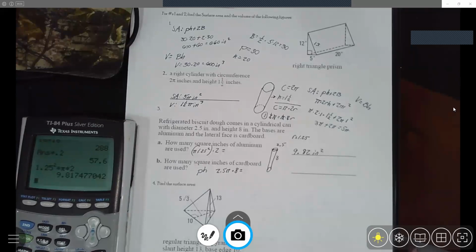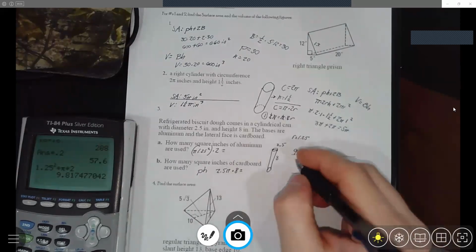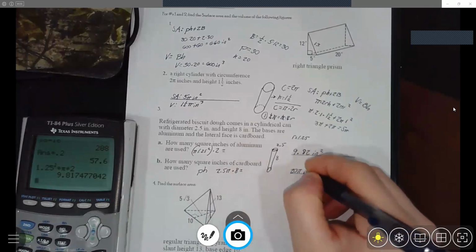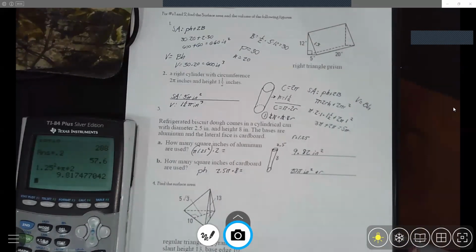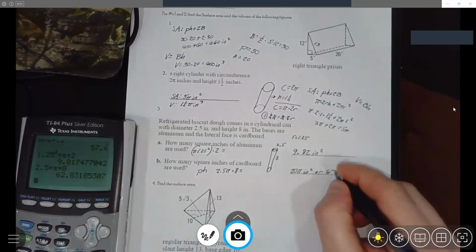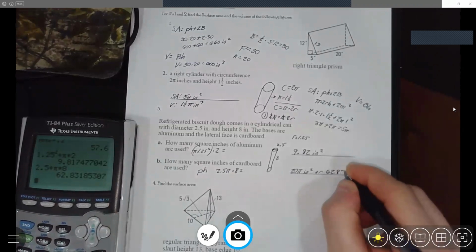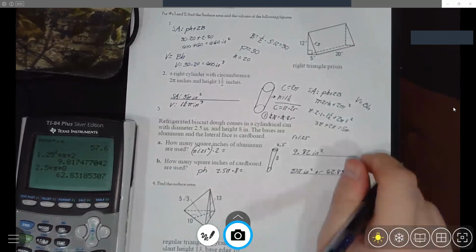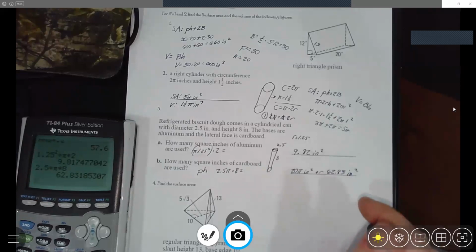So you could do 20 pi if you want, or you can do 62.83. This is inches square as well. Make sure you're paying attention to units.